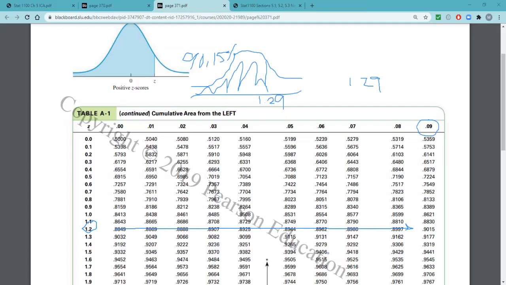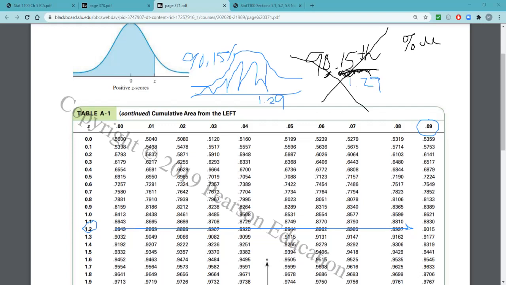Now keep in mind that with percentiles, I can't just say I have a 90.15th percentile. Percentiles are dividing the data set into hundreds, so I don't want any decimal values in a percentile. Instead, I'm not quite at the 91st percentile.